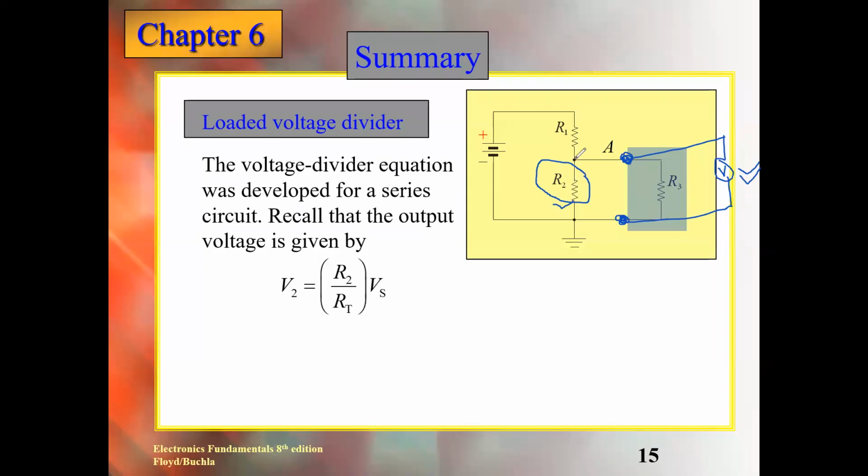Will it be the voltage across this resistance or not? R2, because R2 is connected between point A and ground. Are you getting the point? Yes.